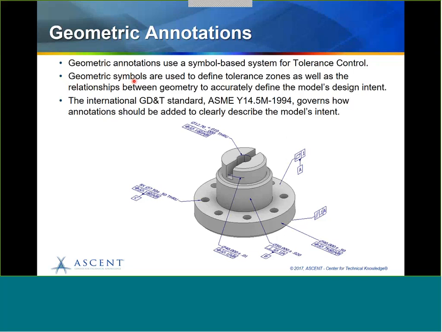So the goal with your geometric annotations is to indicate variations in size, feature locations, and orientations where they can't change, where they can't vary. You want to make sure that you're communicating that this information cannot vary when it's being manufactured.